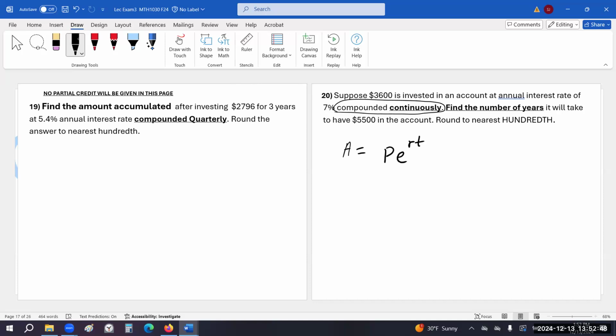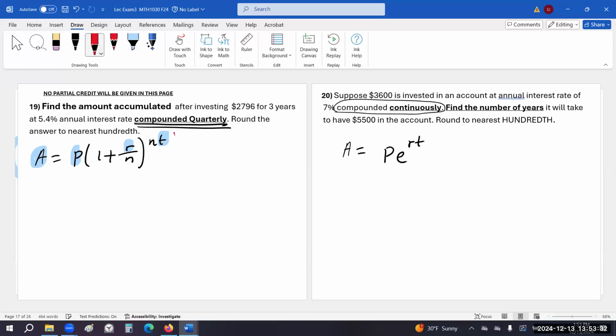But if you're not compounding continuously, for example here, compounded quarterly, then A equals P(1 + r/n)^(nt). So 2 main scenarios, but those have 4 types of problem because we have 4 types of variable to solve. We will never solve for n because they'll always tell you the n. But except for n, depending on what scenario they give you and what variable they want you to solve for, you just have to substitute everything and solve for that.